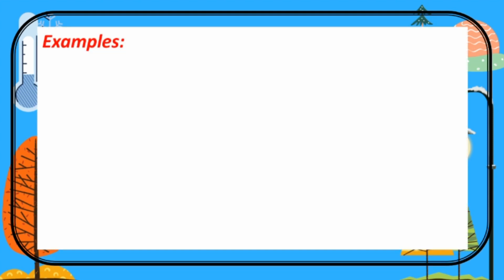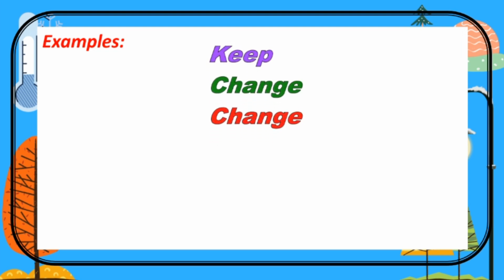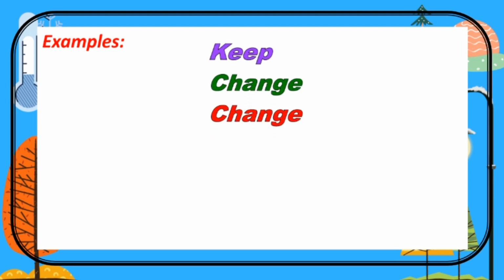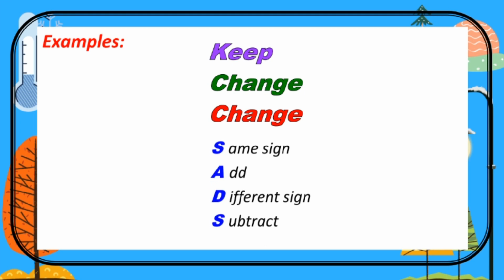Examples. Gamitin natin ang keep, change, change rule. And then followed by SATs rule. Positive 6 minus positive 4 equals n. Kung mapapansin natin, pareho silang positive. So, ano ang ating mean or first number? Keep. So, kopyahin ang positive 6. Next is change.